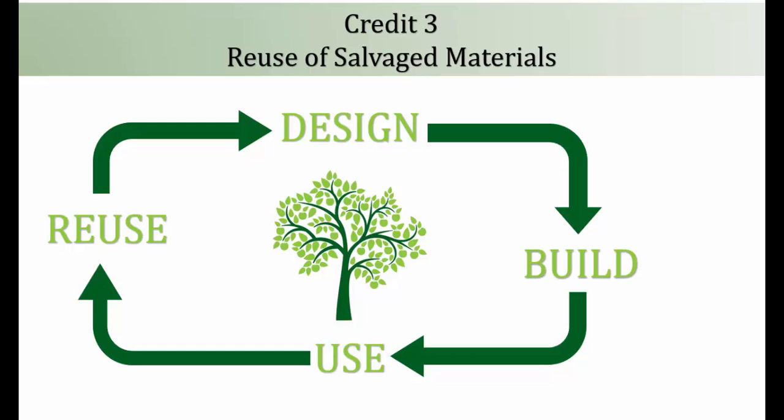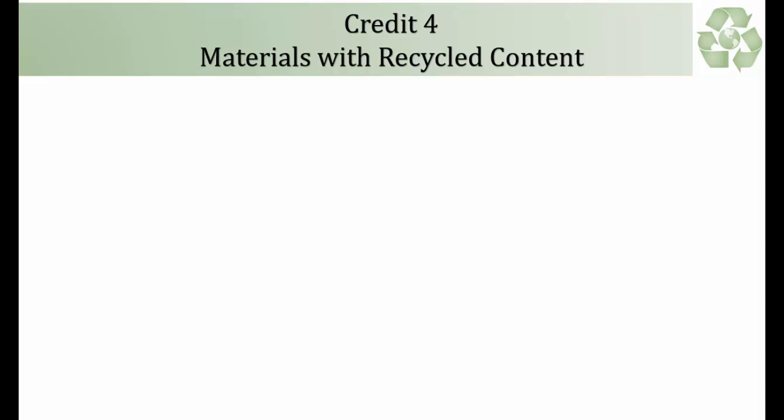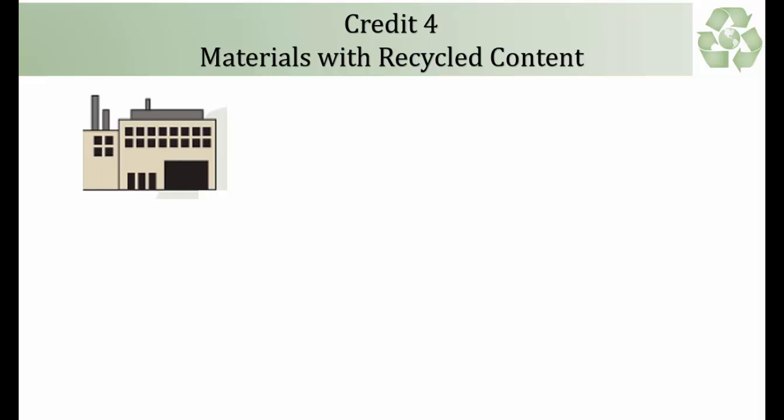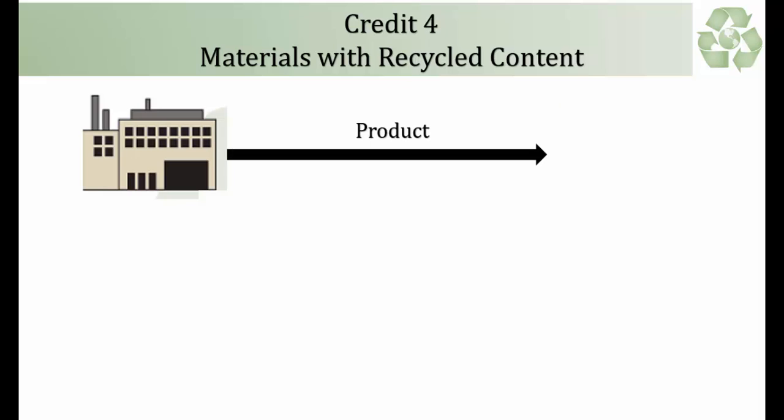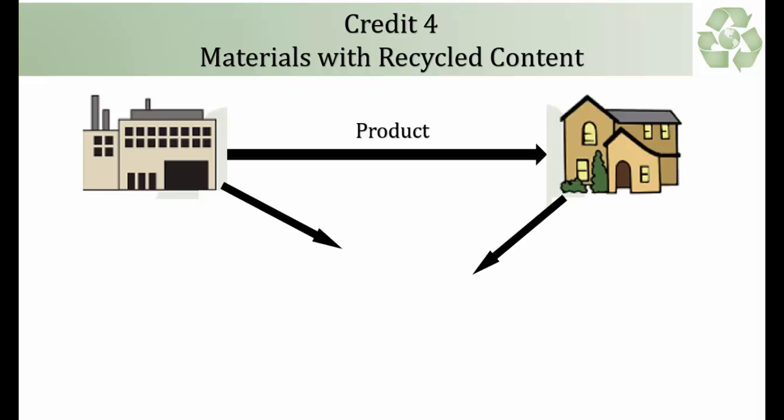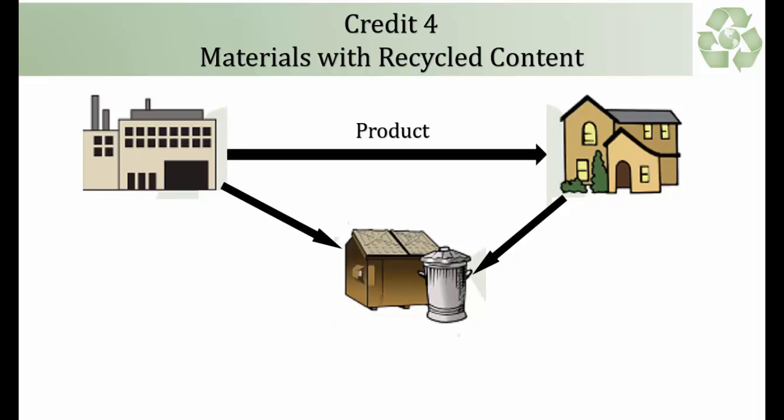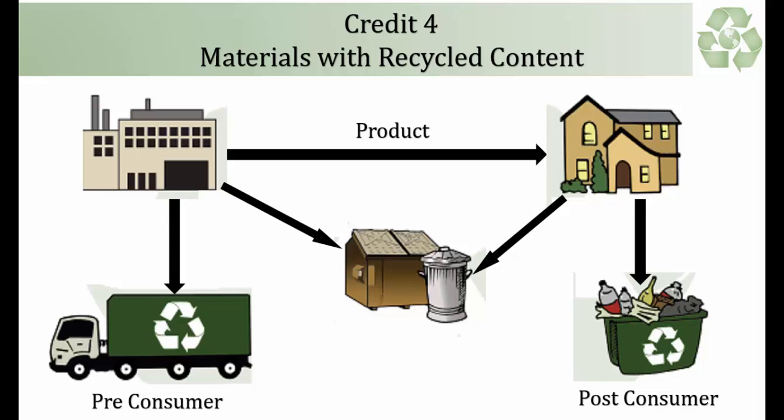Next credit is materials with recycled content. Every company is now moving towards sustainability. The intent of this credit is to encourage the use of material which contains recycled content to reduce environmental impact associated with the use of virgin materials. Recycled materials are building products that include raw materials that have recycled content.